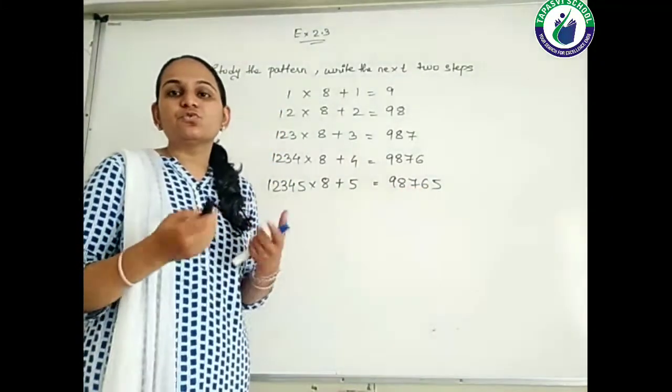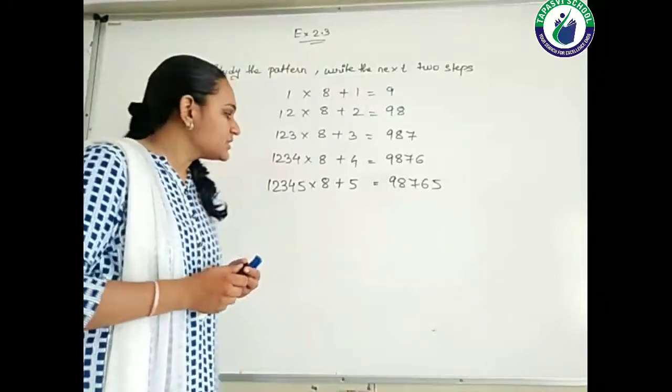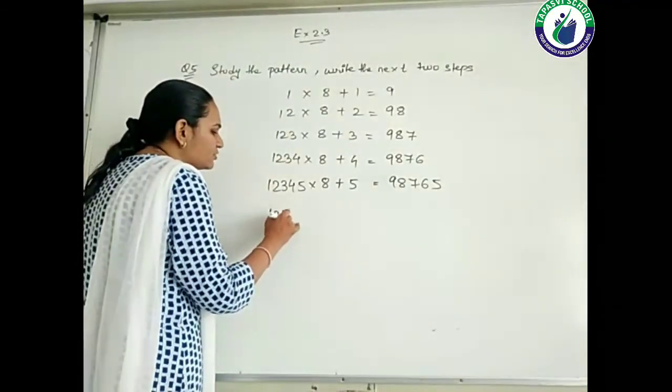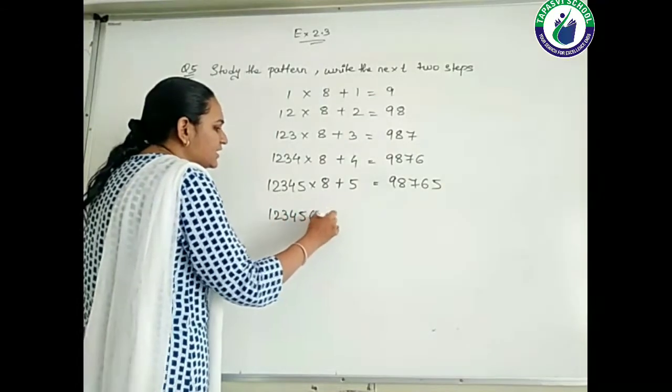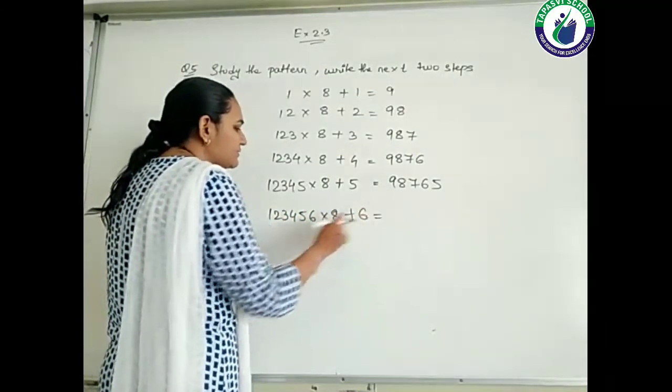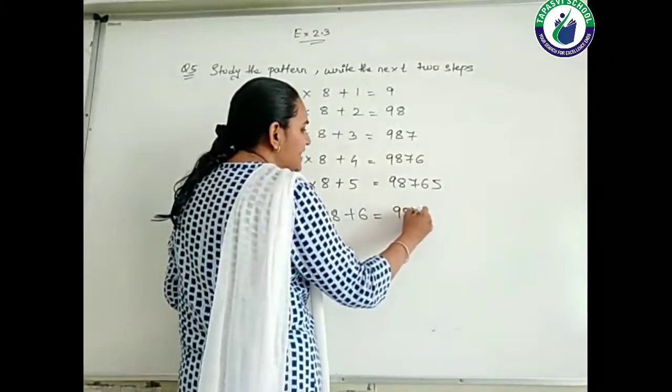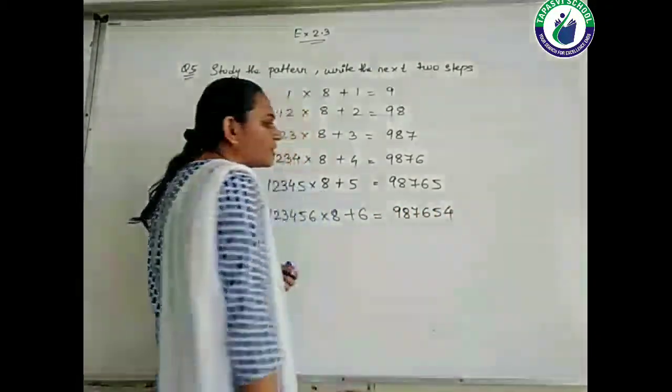Now we have to write the 2 more steps of this. So I am writing here the 2 more steps, that are 123456 into 8 plus 6. I have added one number, that is 6. So 987654, right?